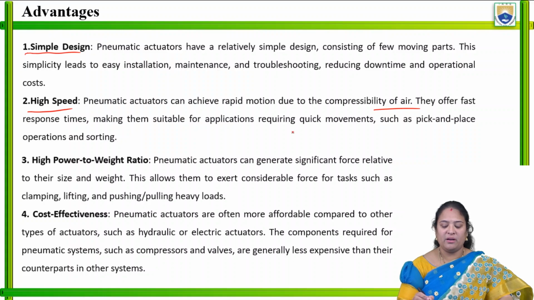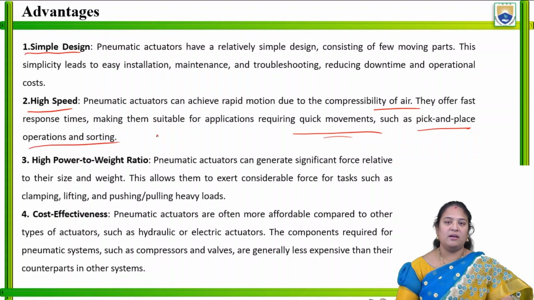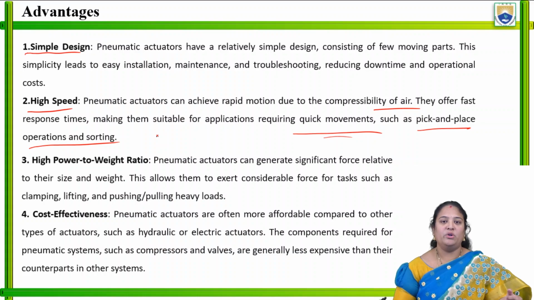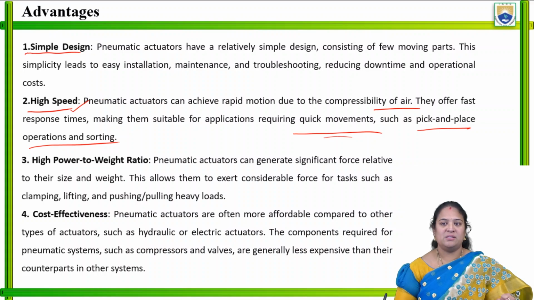That is, there will be a quick movement in the robot, and it also gives some stability, making them suitable for quick movements such as picking and placing operations or sorting. Generally, in order to pick and place objects from one place to another, or for sorting operations, we require higher speed. That is, we require the robot to work at a higher speed. So, one of the advantages of the pneumatic actuator is high speed.